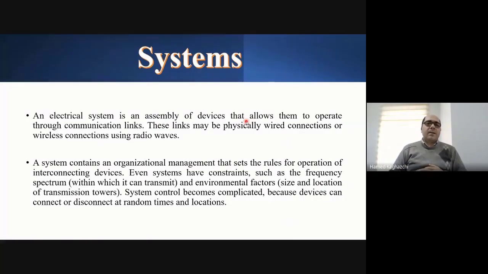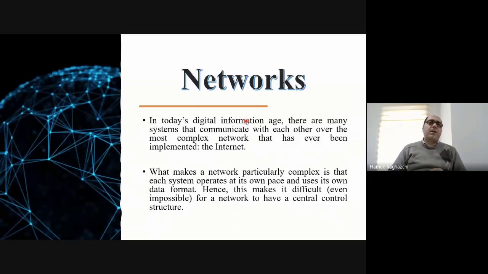I gave an example of an electrical system and a communication system as a kind of system, and also networks. In our digital age, we use networks like the internet to communicate from our country to other countries. We can talk via this network.